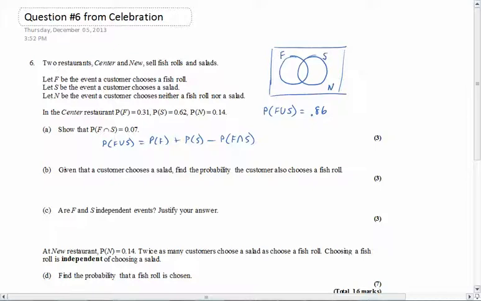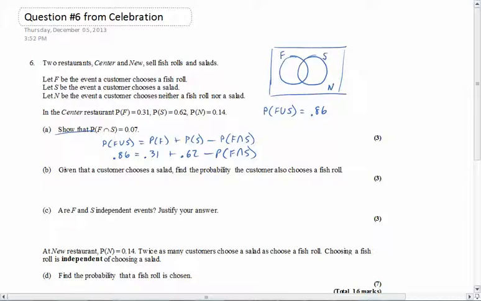And so when it says show that, you need to use mathematically valid processes to show and demonstrate the fact that that's the case. So here you would go probability of F or S, so that's 0.86, equals probability of F, which would be 0.31, plus 0.62, minus the probability of F and S. And so from there you would subtract the 0.31, subtract the 0.62, and you would find out that that would give you negative 0.07, divide by the negative, and you get the correct answer.